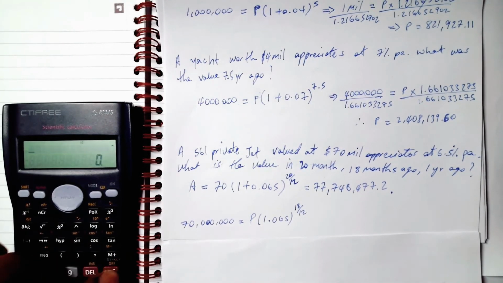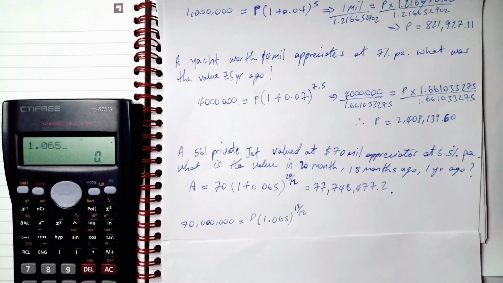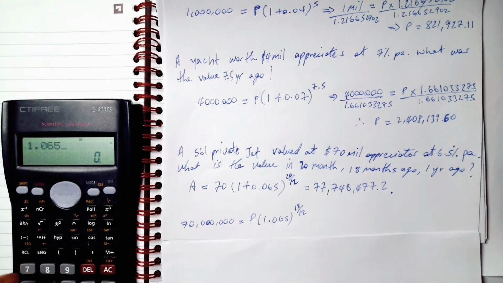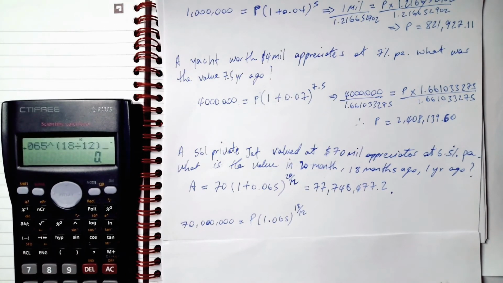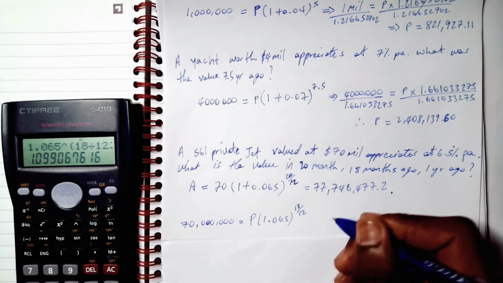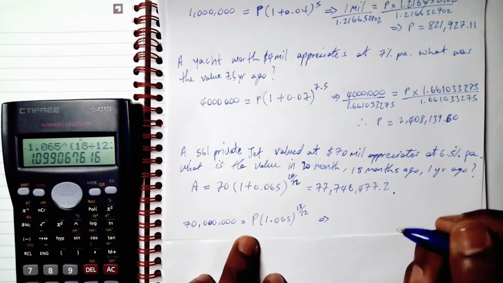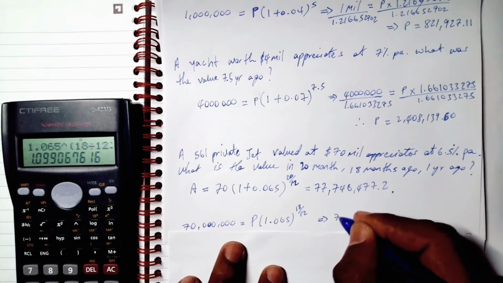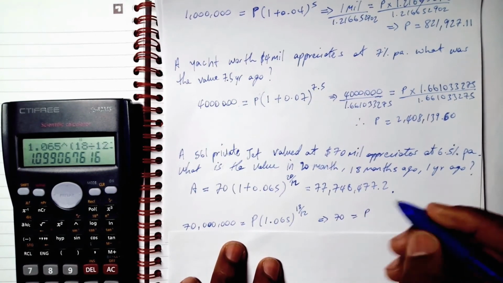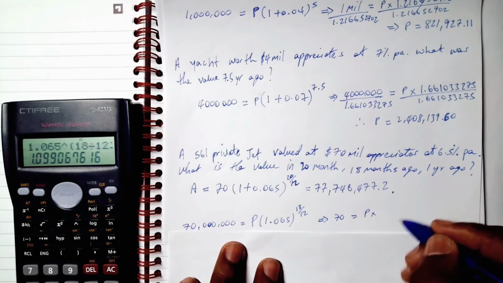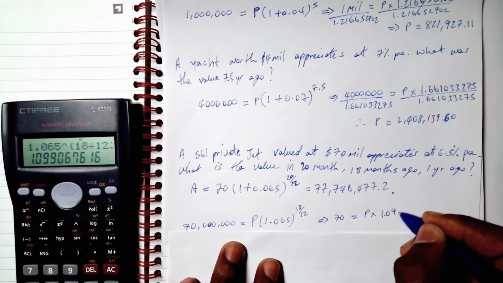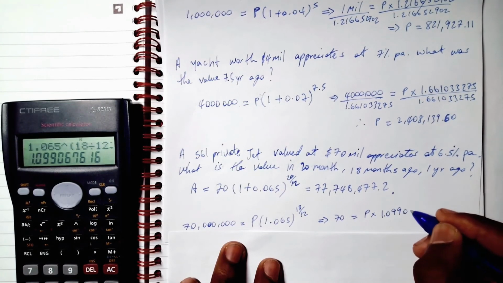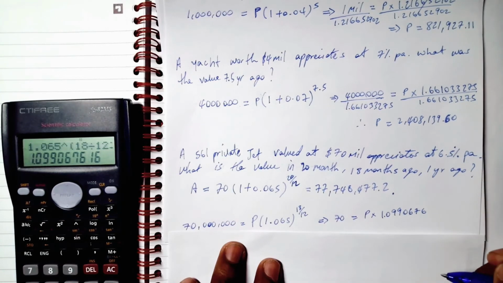So we put this in our calculator and get 1.065 raised to the power of 18 divided by 12, which is 1.5, of course. And this implies that 70 mil is equal to P times 1.09906676.